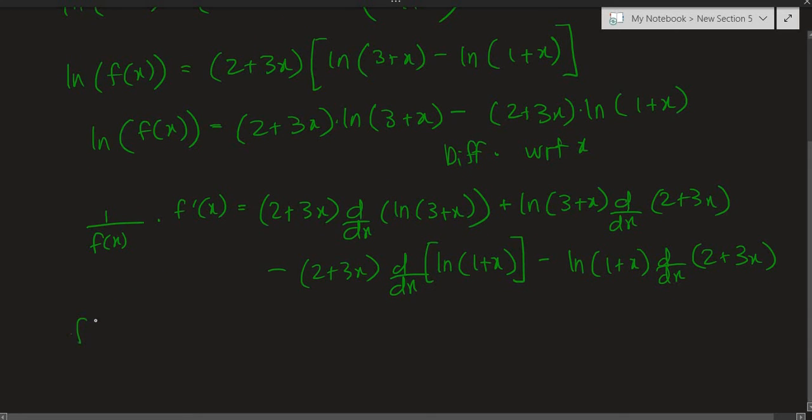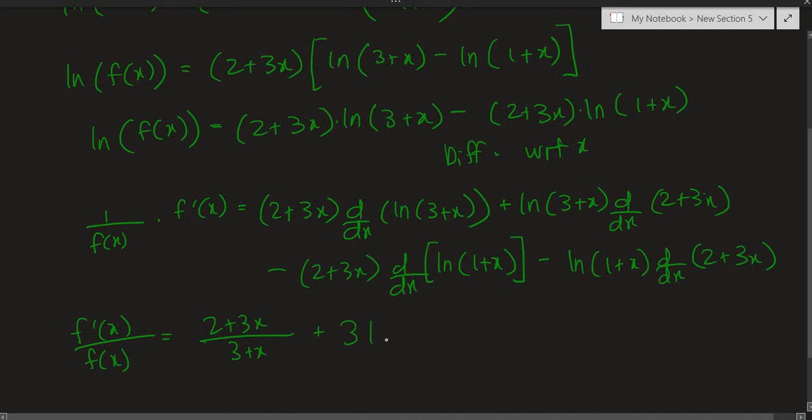So this becomes f prime of x divided by f of x being equal to 2 plus 3x as it is. The derivative of natural log of 3 plus x is just going to be 1 over 3 plus x, because by the chain rule the derivative of 3 plus x is just going to be 1. I hope you can see that. And on this side we have the derivative of 2 plus 3x is just 3, right? Whatever term is multiplied with x, it's just that term, because 2 becomes 0 on differentiation.